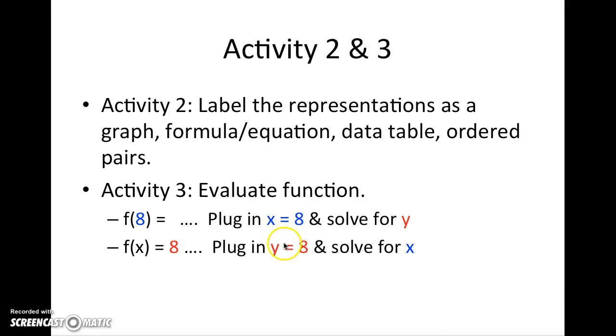So just remember that when you see f of a number, that means you're going to plug in x equals that number. So f of 8, I would plug in 8 for my x and solve for y. And when you see f of x equals a number, you're going to plug in that number for y and solve for x.